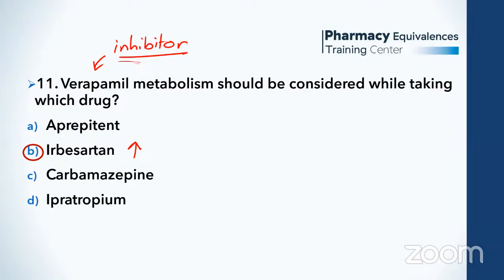Both of them will also affect the heart. So this is the drug that should be considered while taking verapamil. Carbamazepine and verapamil will affect each other. So the answer here will be diltiazem.